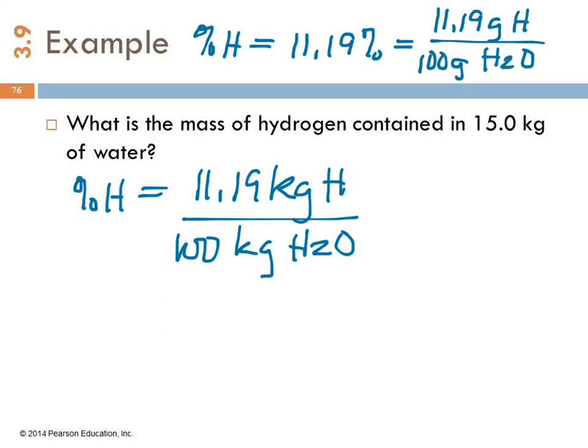Percent is the same. It's an intensive property, not extensive. So since we're given a mass of water in kilograms, let's make it easier on ourselves and make our conversion factor in kilograms. So what we're doing is we're starting with 15.0 kilograms of water.